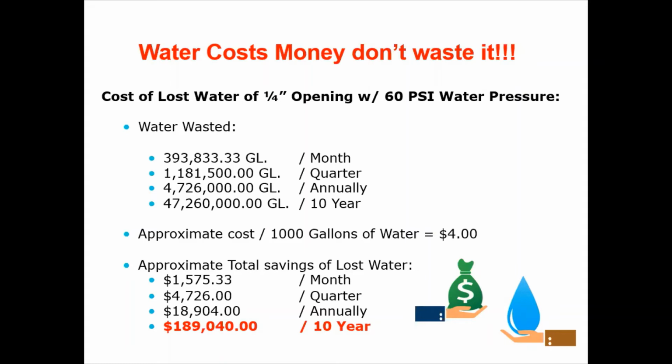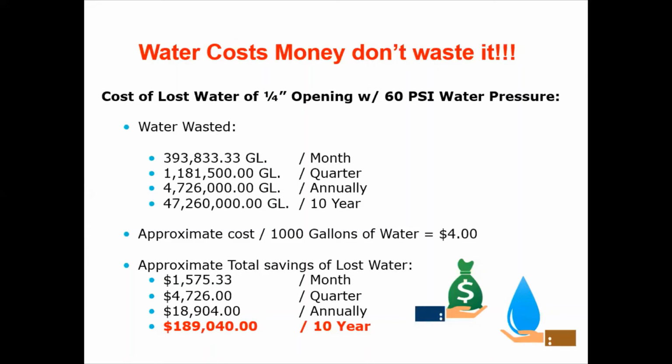As those holes get larger, or as that pressure gets higher, those numbers can jump up or down either way. As you can see, one single 1/4 inch hole is a big loss.